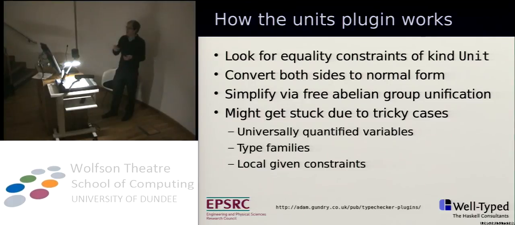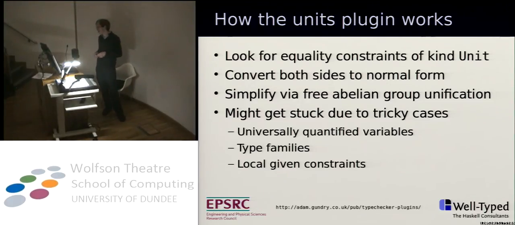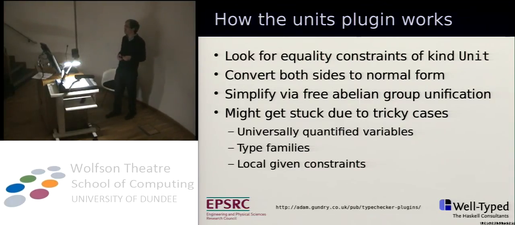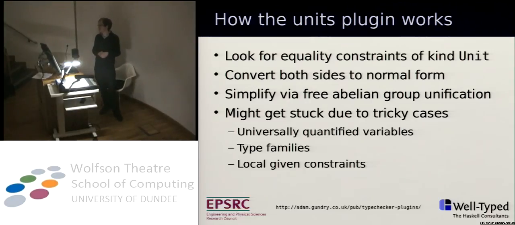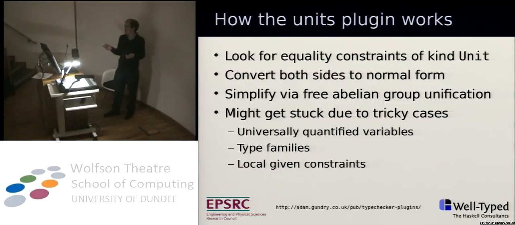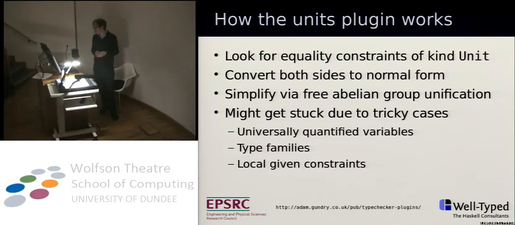Of course, as we've discussed in various previous talks, it's possible that might get stuck. There are all sorts of interesting, tricky features once you start dealing with real GHC Haskell, as opposed to the sort of nice simple world of Haskell 98. And so things like type families might be present in the constraints the system encounters. So it just has to be able to say, oh, well, I'll stop, I'll leave this alone, and maybe I'll come back to it later on if I discover some more information which might help me make progress.